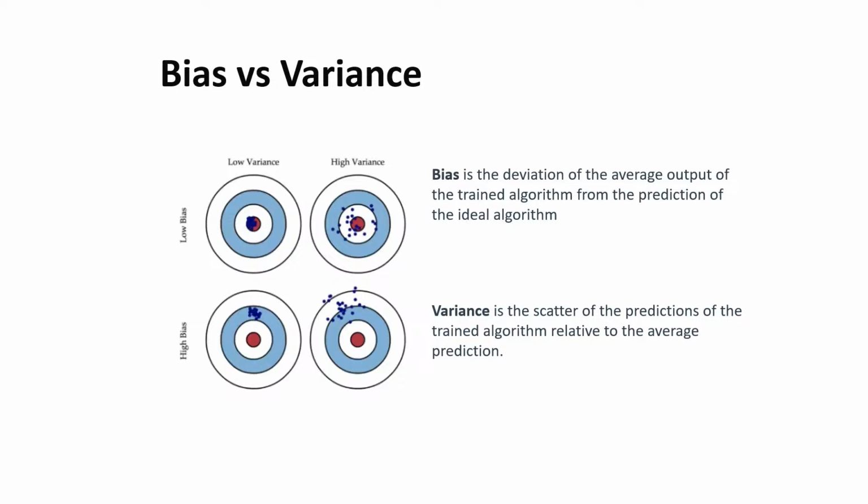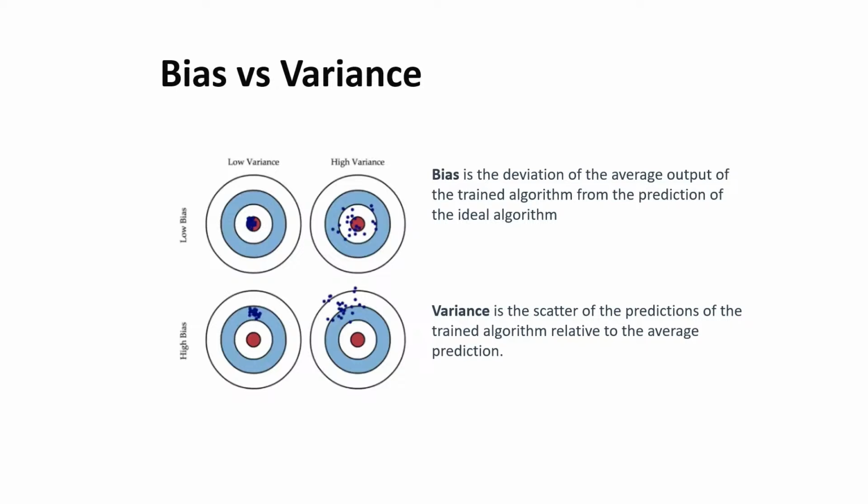So bias is a deviation of the average output of the trained algorithm from the prediction of the ideal algorithm. The ideal one, for example, is the target in red. And variance is a scatter of the predictions of the trained algorithm related to the average prediction.